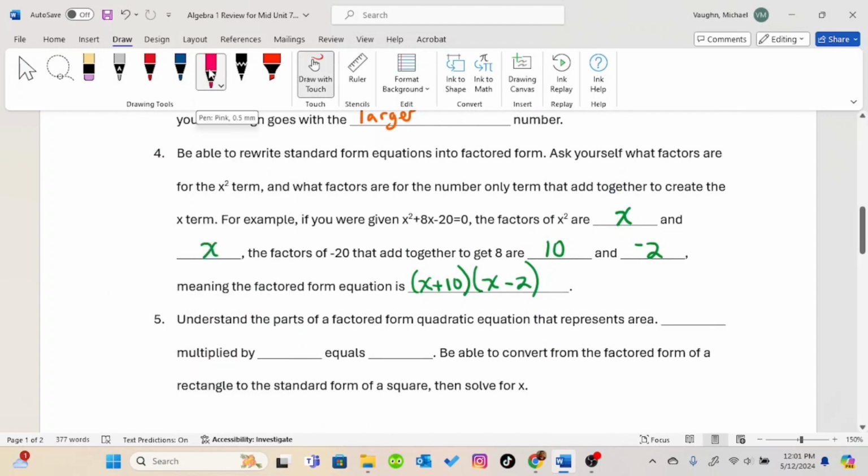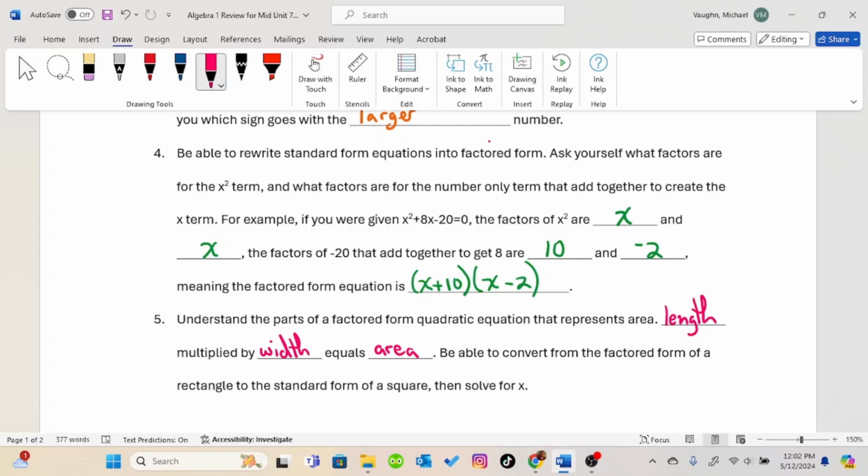Concept number 5. Understand the parts of a factored form quadratic equation that represents area. Blank multiplied by blank equals blank. In this case, we're talking about length multiplied by width equals area.